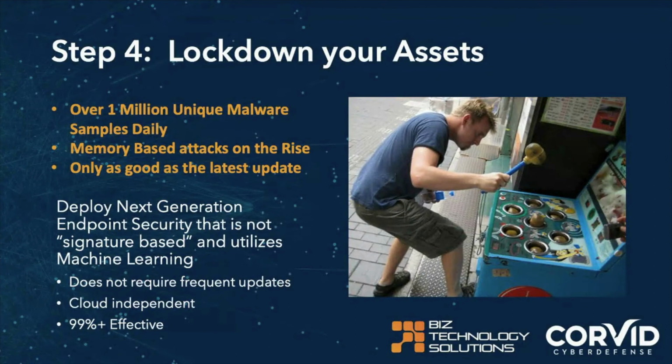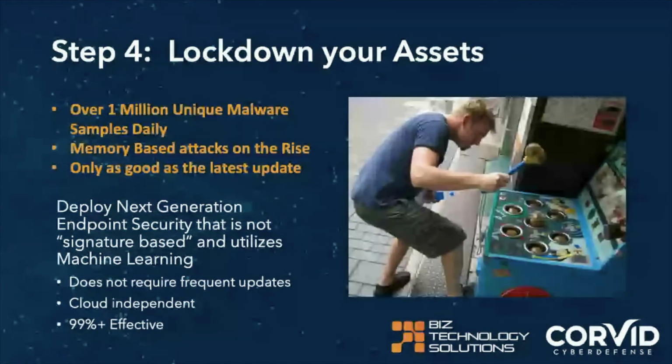You can get free tools out there that allow you to go ahead and create malware, or even take existing malware and change it up a little bit so the antivirus vendors can't recognize it. So one of the big suggestions here is to be looking at some of the next generation products out there that don't rely on signatures, also don't rely on updates.